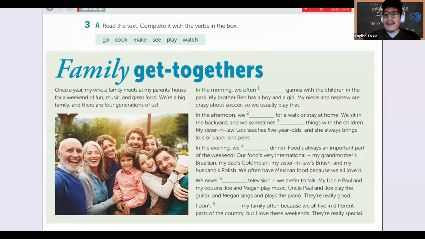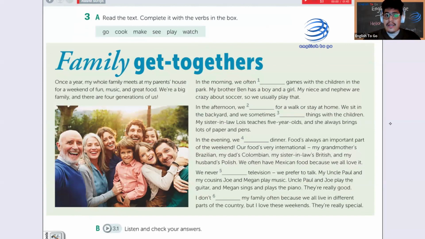Reading time. Activity number 3, page 22, unit 3. Okay? Please, guys, read the instructions very carefully and complete the activity. You are going to have 6 minutes for this activity. Okay?